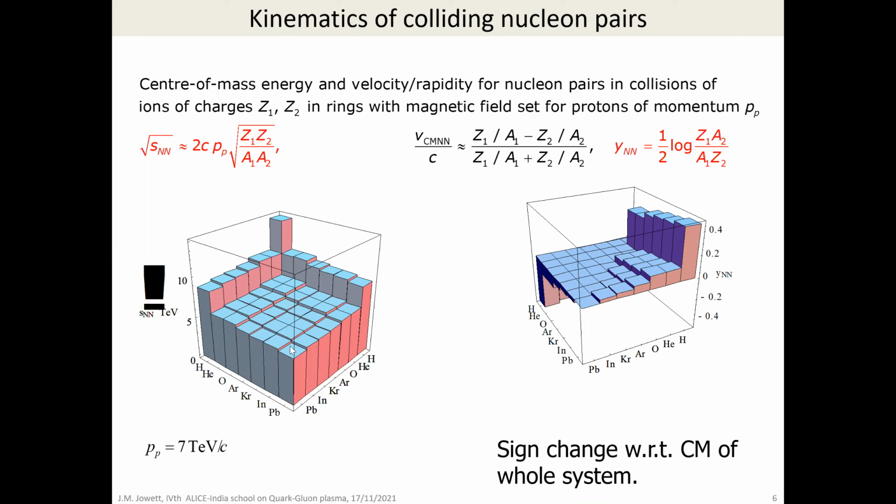It's about 5 TeV per colliding nucleon pair, and the rapidity of those colliding nucleon pairs is given by this formula, which I think you can easily derive. There was a course on relativistic kinematics. I'm not sure if it covered this, but it's a good exercise otherwise.